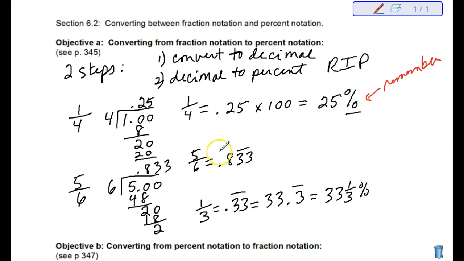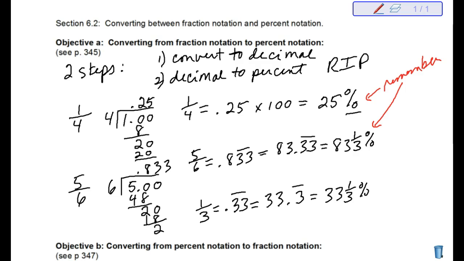So let's take this 0.833, multiply it by 100 to move our decimal over, and we get 83 point repeating 3%. That repeating 3 is a 1/3, so you'll see it written as 83 1/3%. Again, always remember your percent sign when you get to the end.